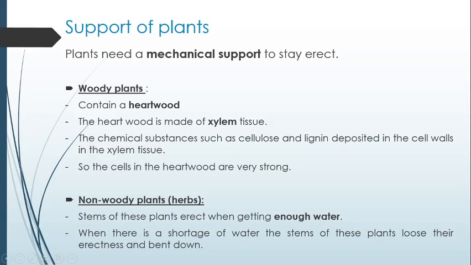Chemical substances such as cellulose and lignin are deposited inside all these xylem cells, so that the xylem cell walls become thicker and the inner cavity is closed by these chemical substances. So the xylem tissues cannot transport water.